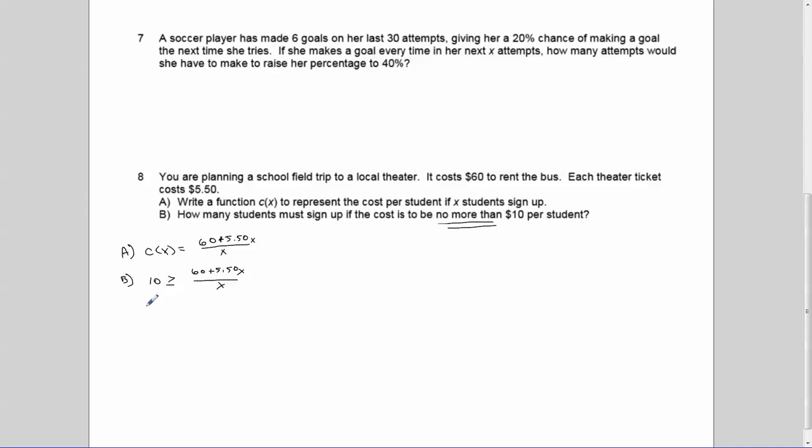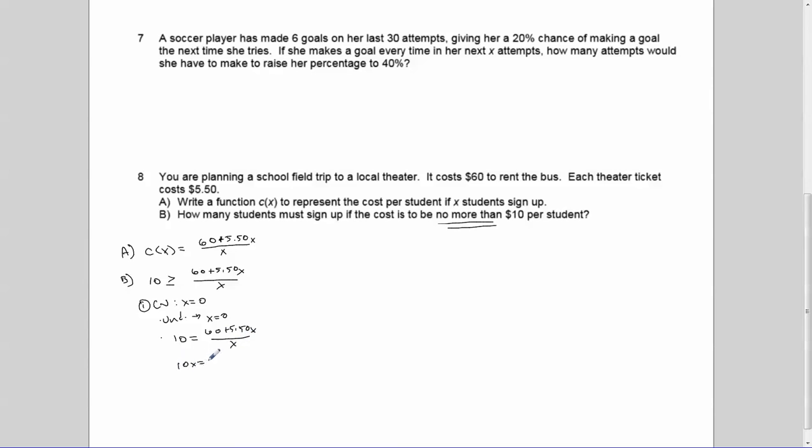So to solve this, we want to first find our critical numbers. We start with our undefined values, which are x equals 0. And then our intersection points. The intersection point is where 10 equals 60 plus 550x divided by x.